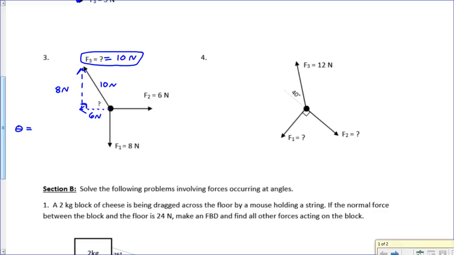Because 8 and 6 were our most directly known sides, I think that using the opposite and the adjacent sides makes sense for this unknown angle, and so I'm going to use the tangent function. So we'll say theta equals the tangent inverse of 8 over 6, opposite over adjacent. And if you do that, you should get that theta equals 53.1 degrees for our unknown angle.